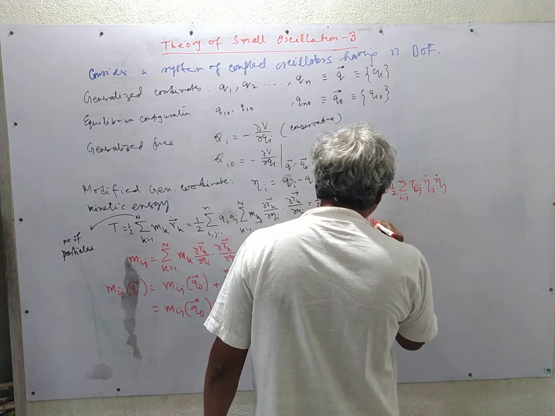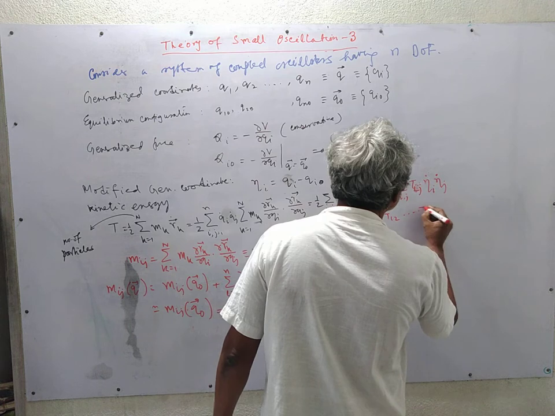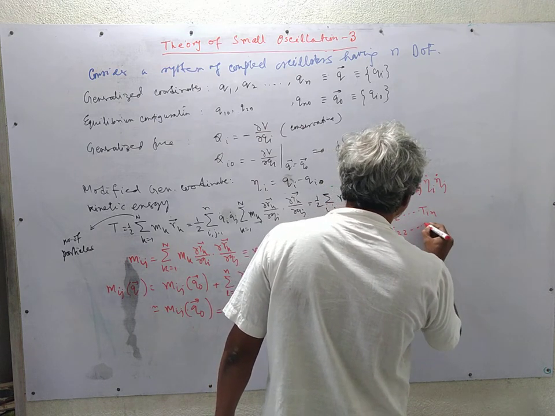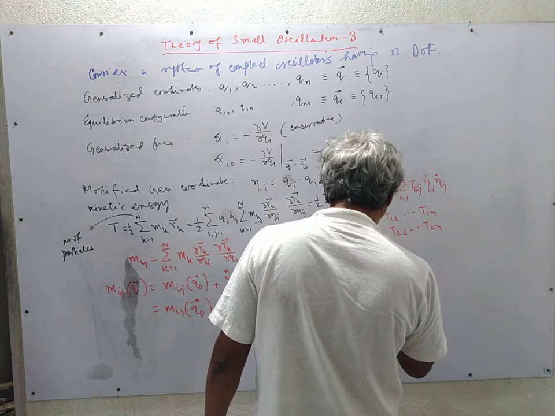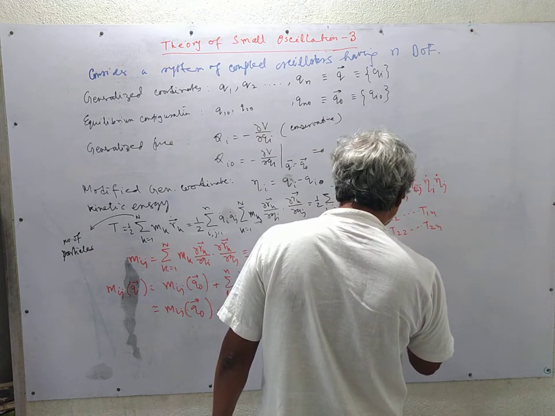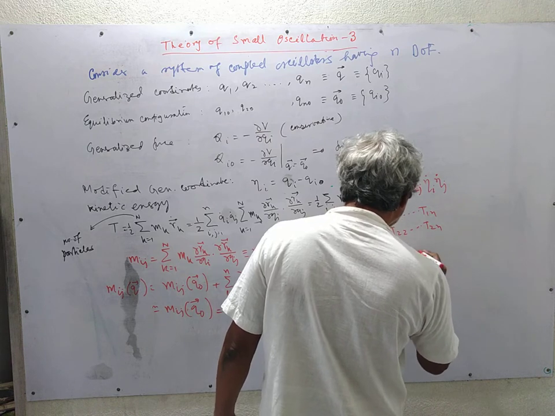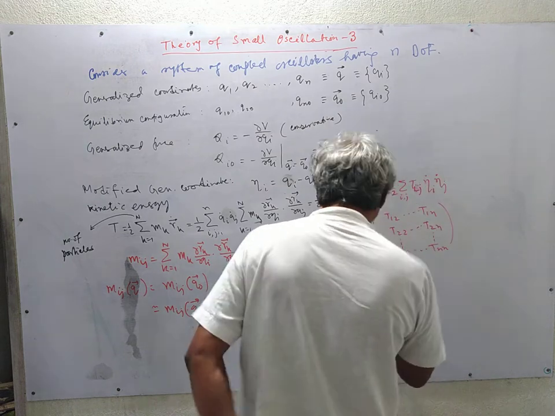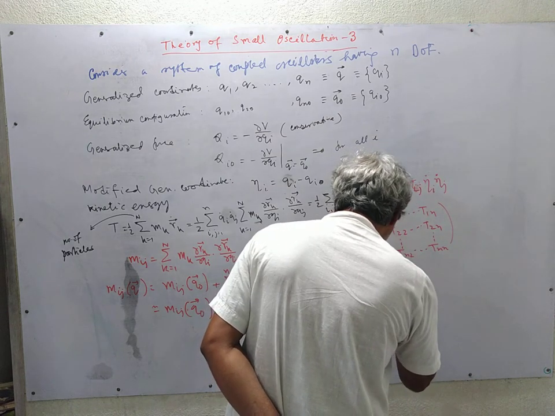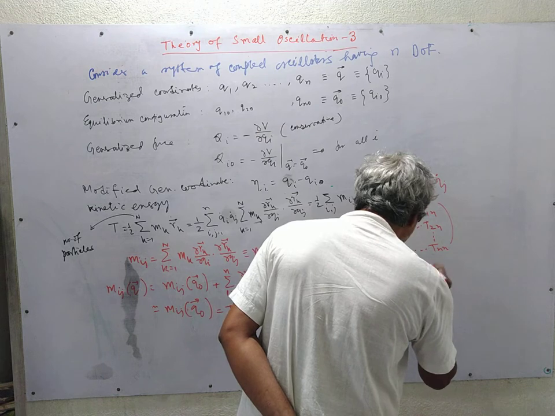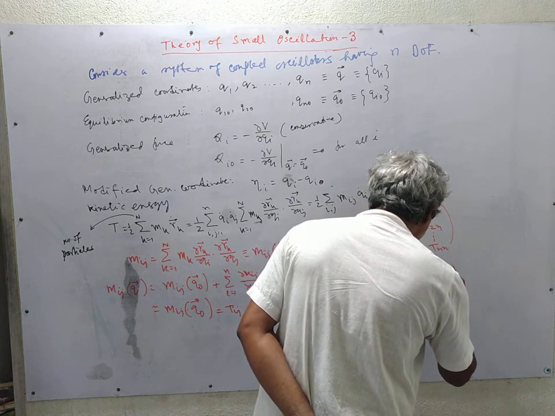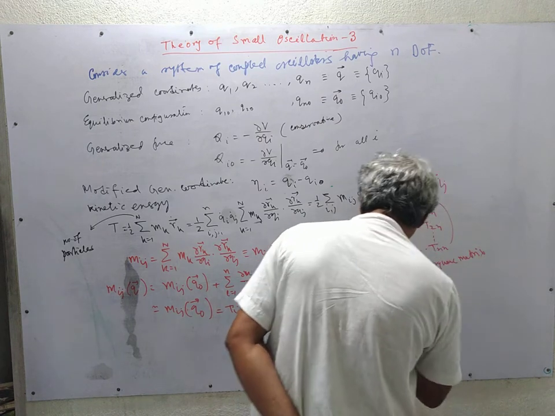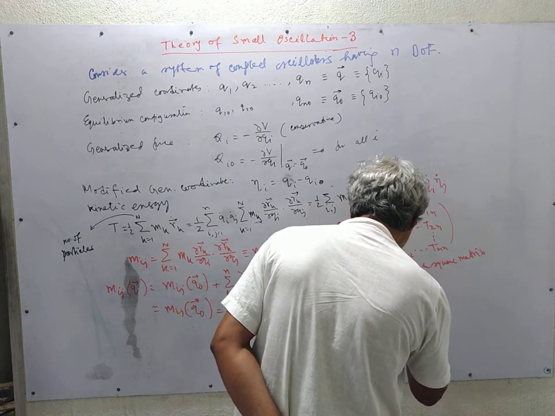It is T11, T12, T1n, T21, T22, T2n, Tn1, Tn2, Tnn. So it is a real, symmetric and square matrix. That is Hermitian.